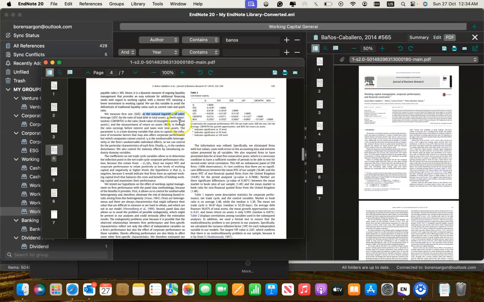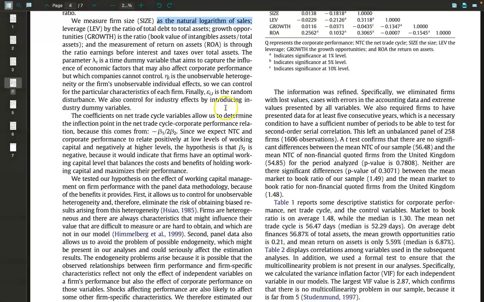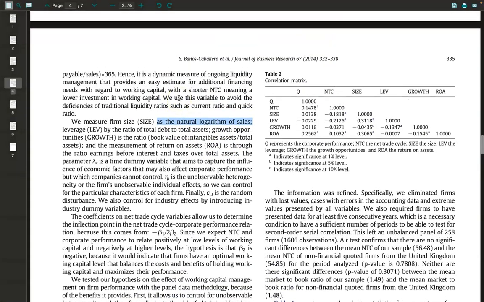And also, let me go back to the full screen. They're having the leverage, which is the ratio of total debt to total assets, growth opportunities, book of intangible assets to total assets.